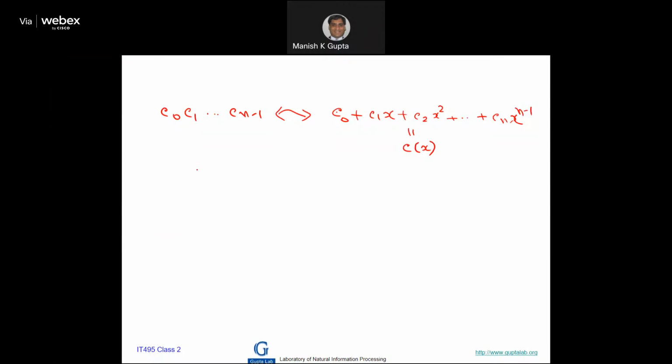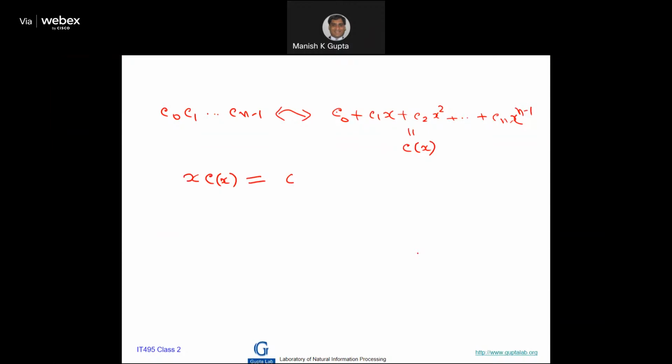So we know the cyclic shift. I will just write one line and then finish. x times c(x) is what? When you multiply c(x) with x, what is happening? Every bit is shifting towards the right.